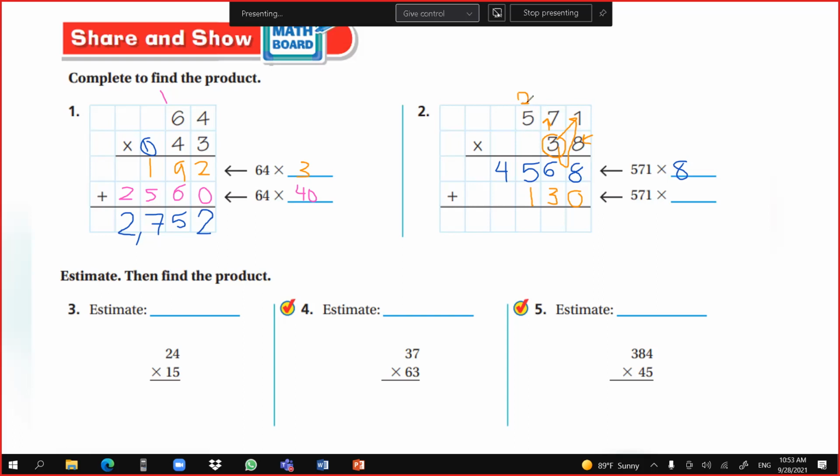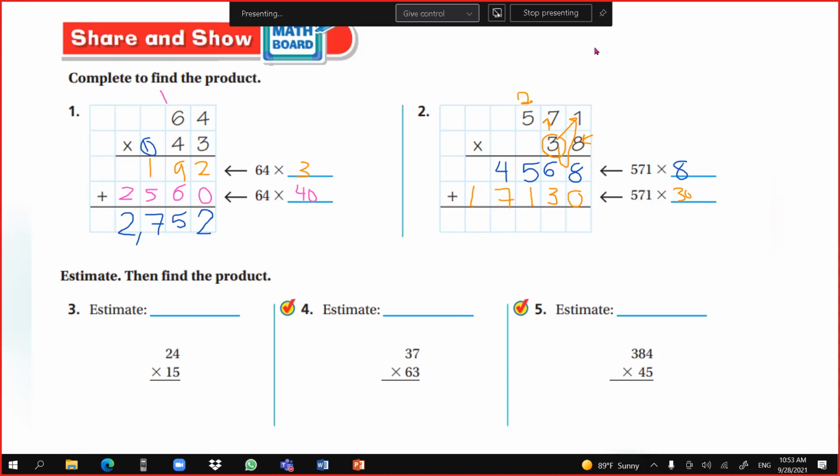2. 17. So then 8 plus 0. Now you multiplied 30 or 3 by 571.